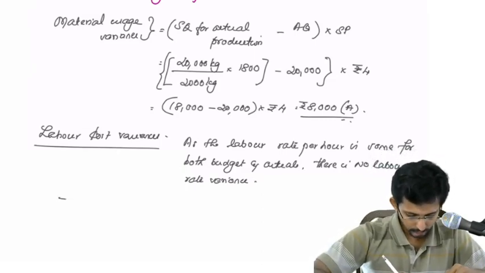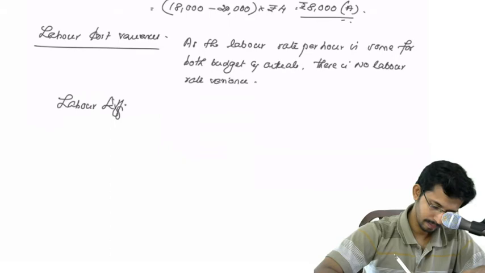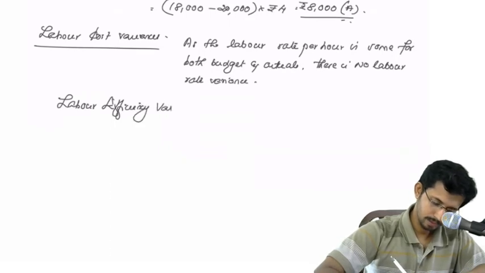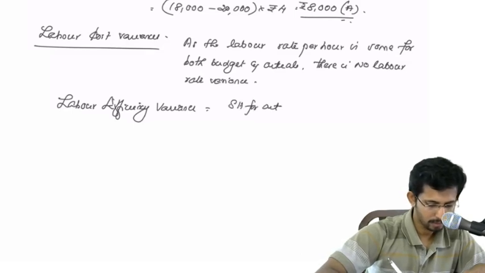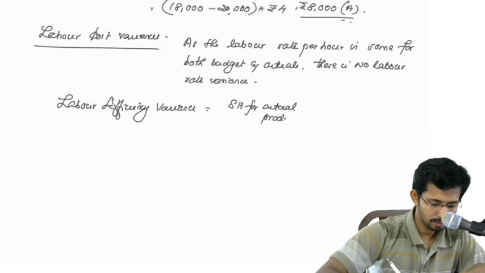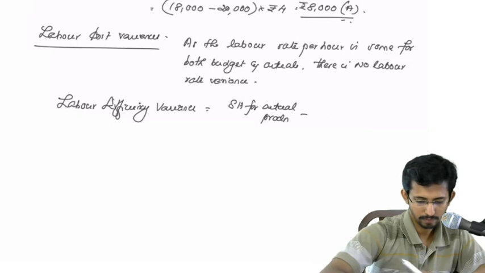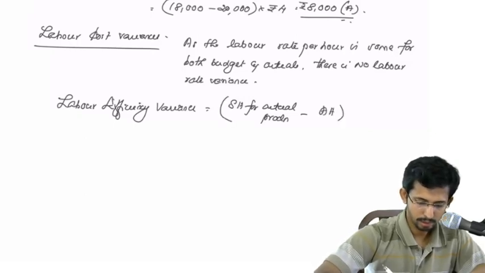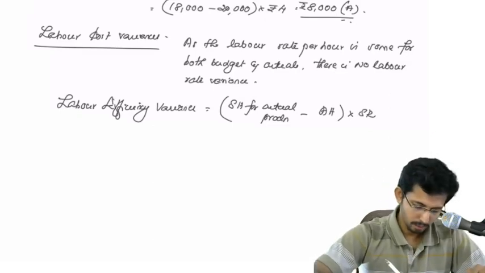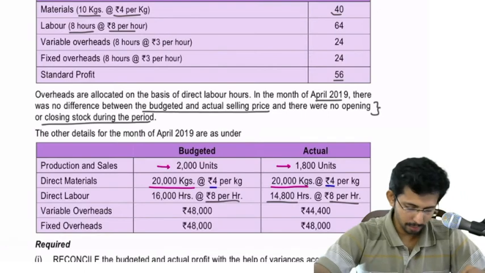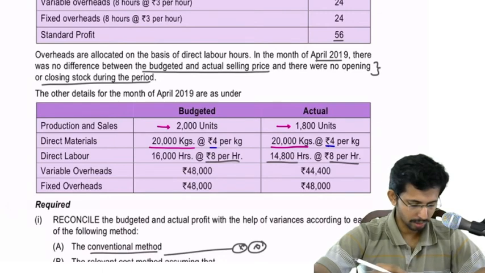Okay, so labor efficiency variance is equal to standard hours for actual production minus actual hours into what? Standard rate. Okay, so standard hours for actual production, how do you compute that? The standard hours for standard production was 16,000 hours for 2,000 units.